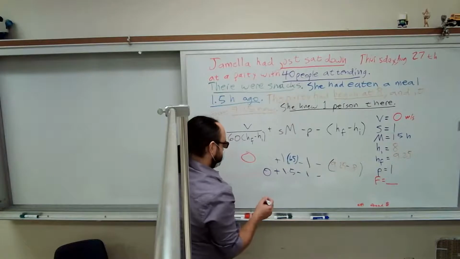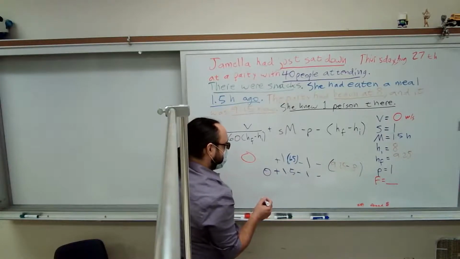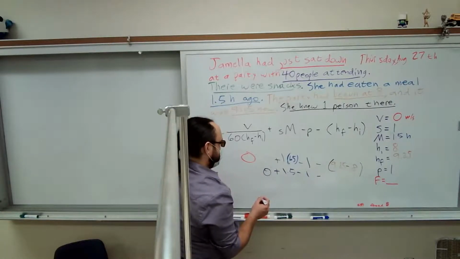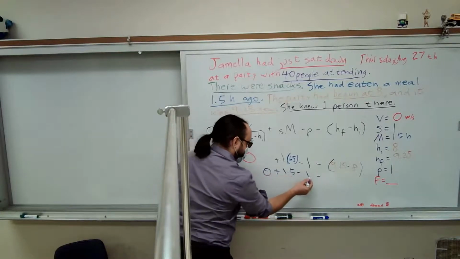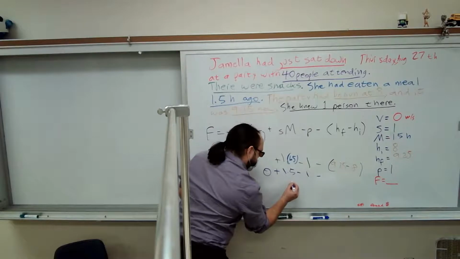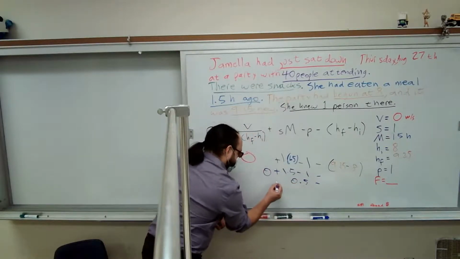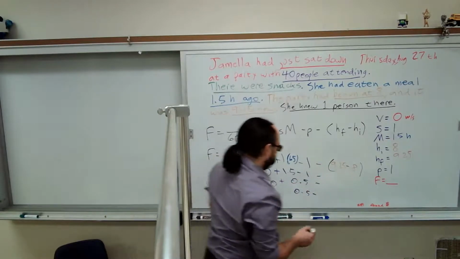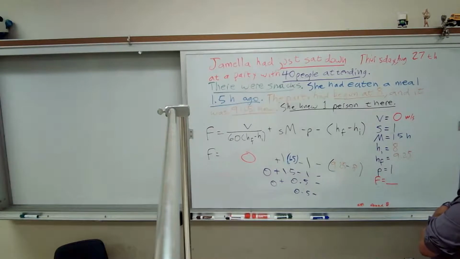Am I doing this right? What's happening? One point five minus 1 is 0.5. This is not what I got when I was doing it earlier, so maybe I'm too tired. 0 plus 0.5 is just 0.5, so all we have to do is this part now. I am messing this up.